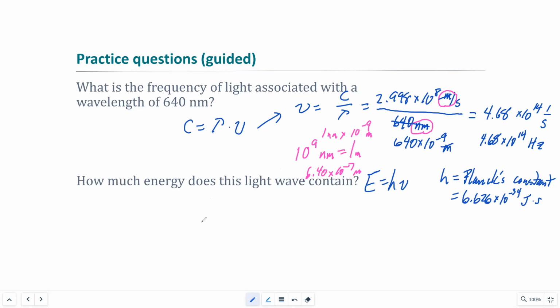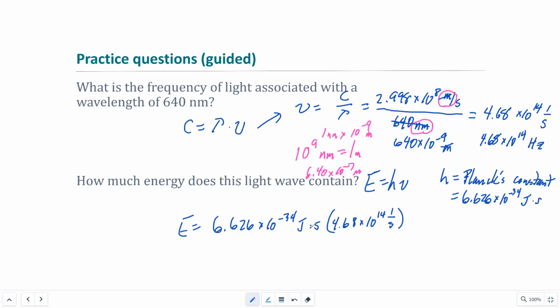So to get the energy, I'm going to take Planck's constant, 6.626 times 10 to the negative 34th joules times seconds. I'm going to multiply it by my frequency, 4.68 times 10 to the 14th reciprocal seconds.